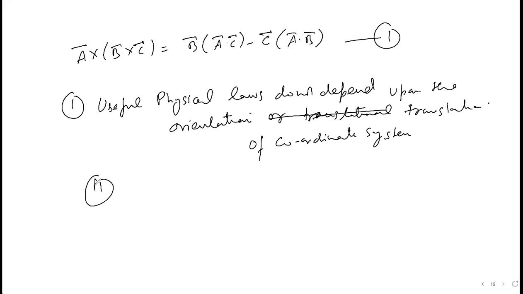What does that mean? They should therefore be written in a form where either side may be a vector quantity or a scalar quantity. But that should be the case.